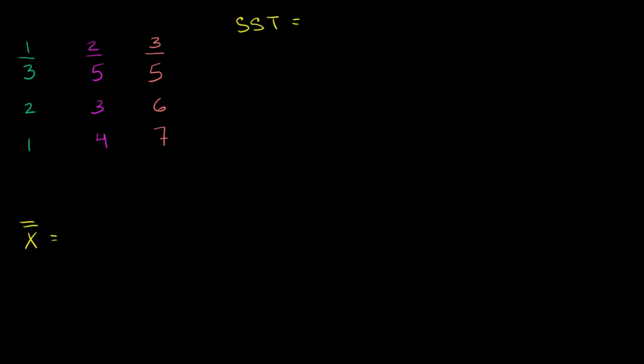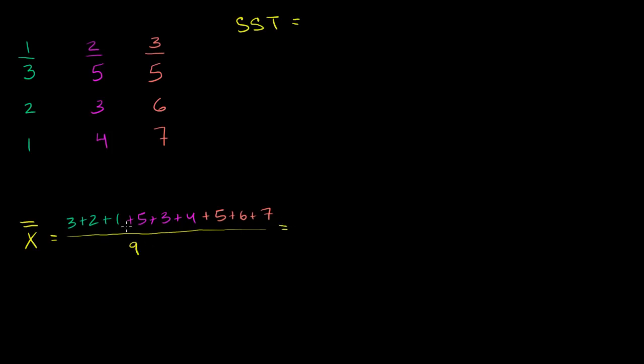So it's going to be 3 plus 2 plus 1, plus 5 plus 3 plus 4, plus 5 plus 6 plus 7. And then we have 9 data points here, so we'll divide by 9.